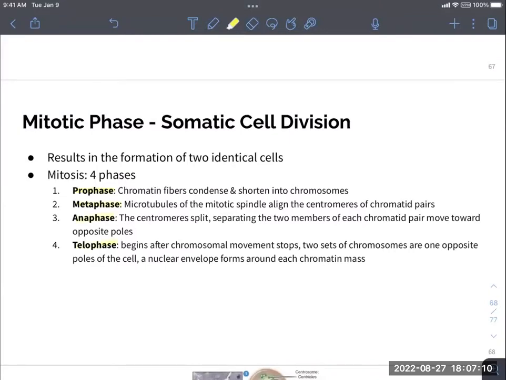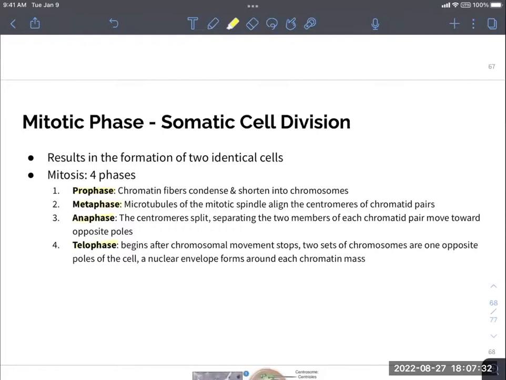During prophase, those chromatin fibers condense and shorten into chromosomes. During that metaphase, the microtubules of that mitotic spindle we talked about align together, and those centrosomes form chromatid pairs.